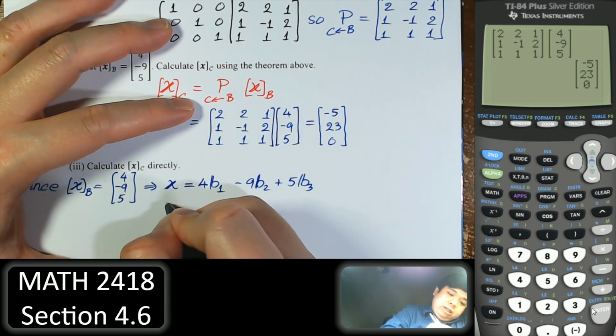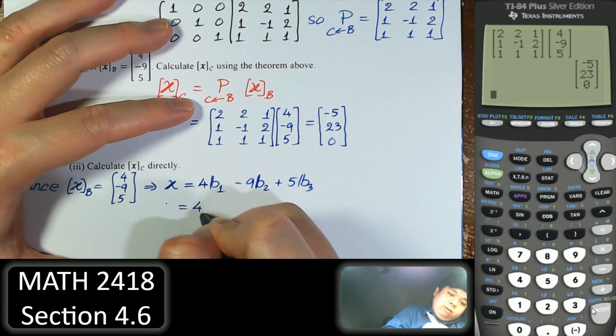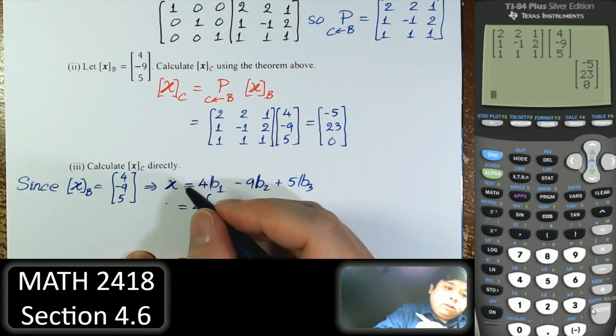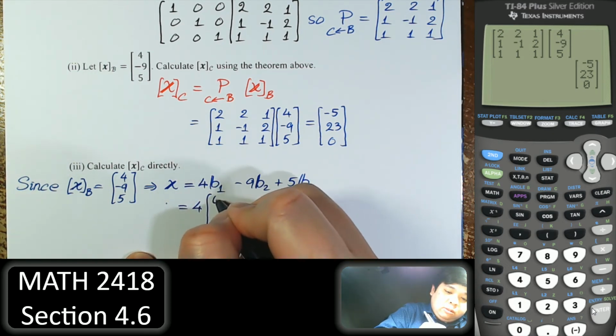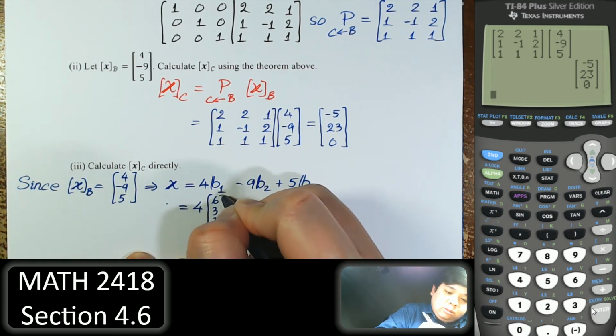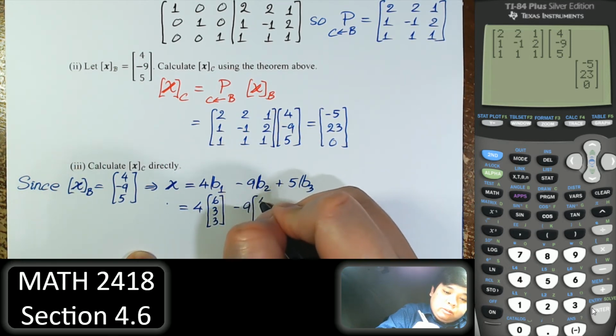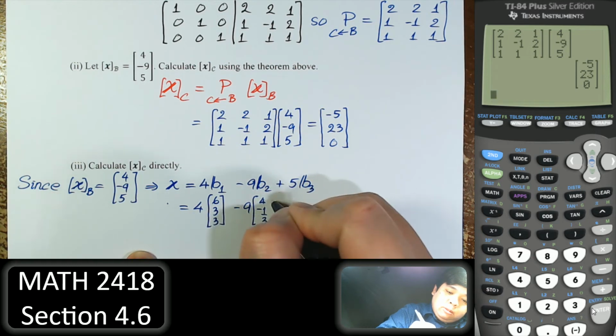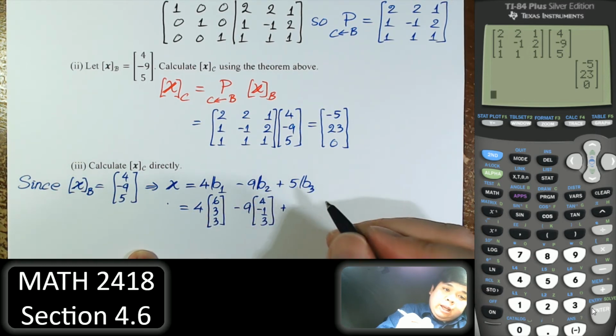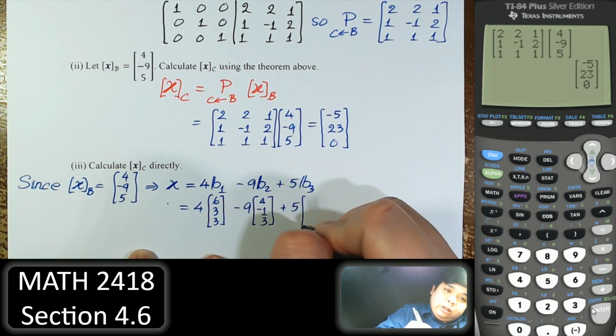That will be 4 times b1, minus 9 times b2, and 5 times b3.